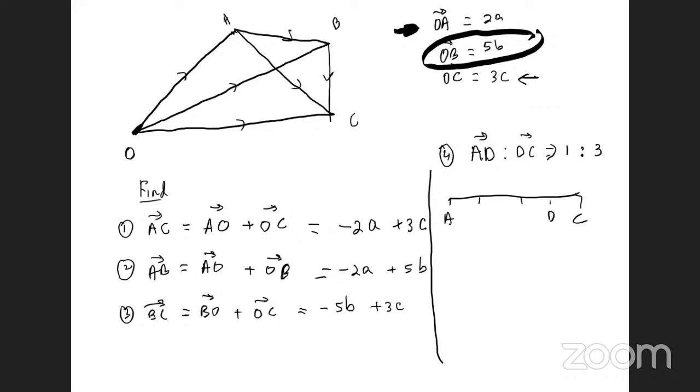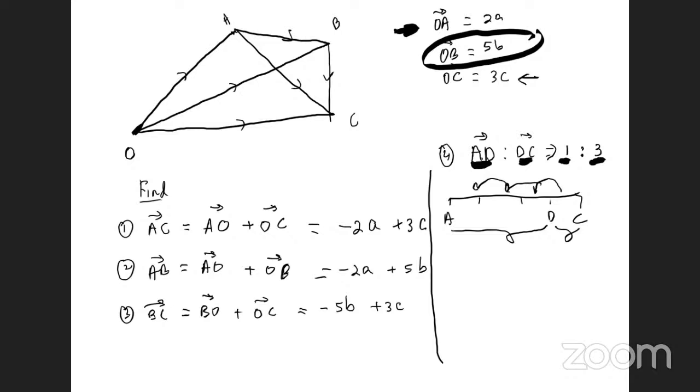What does that mean? It simply means that AD is 3 times as big as DC, right? Here's what this is saying. For every 1 AD, we have 3 DCs. Think about it. We could fit DC 1, 2, 3 times in there. You're okay with that?